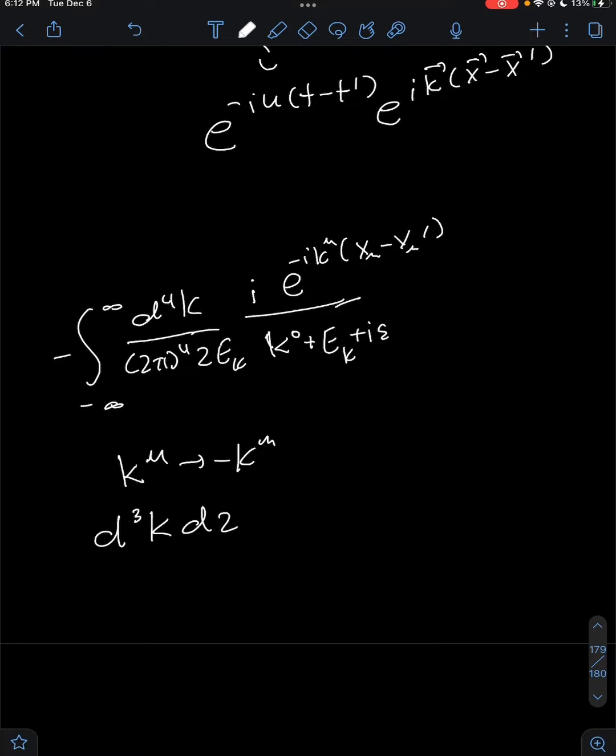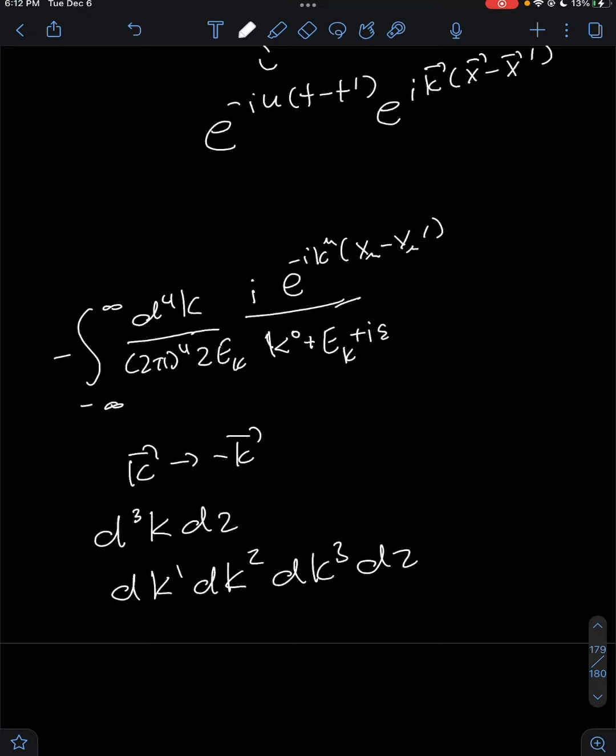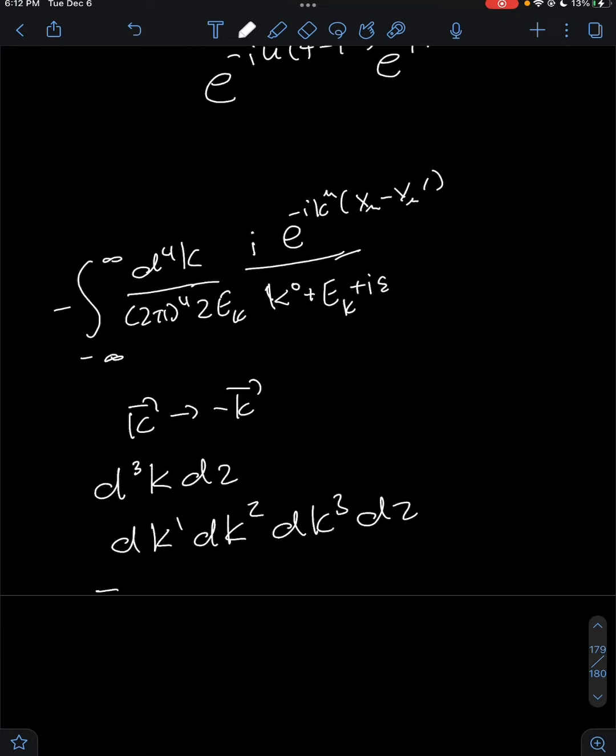If we change the 3-vector k to minus 3-vector k, we're going to have dk1, dk2, dk3, and then dz, and then minus dk1, minus dk2, minus dk3, and then dz.